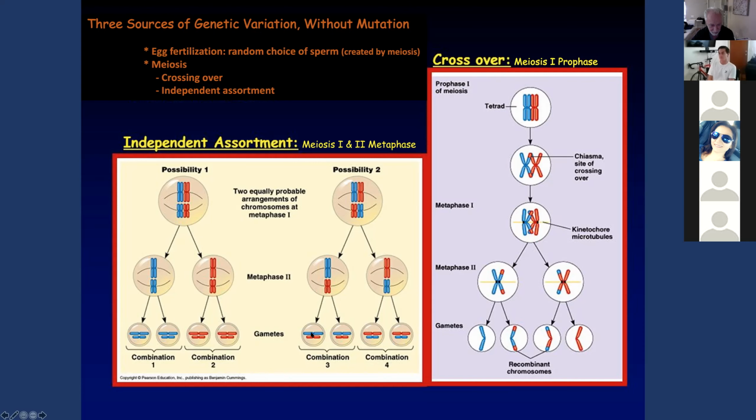You can get a blue long one and a red short one, 2 of those, or a red long one and a blue short one, 2 of those. And this process is entirely random, whether it's possibility 1 or possibility 2.